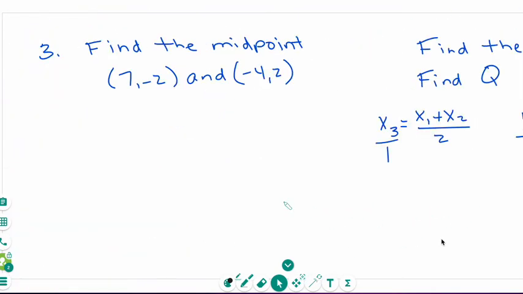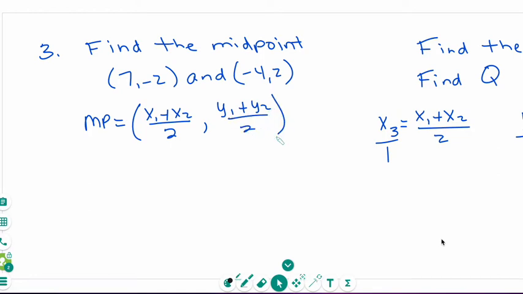Find the midpoint. So our midpoint formula is x1 plus x2 divided by 2 and y1 plus y2 divided by 2. I'm going to go ahead and label x1, y1, x2, y2.